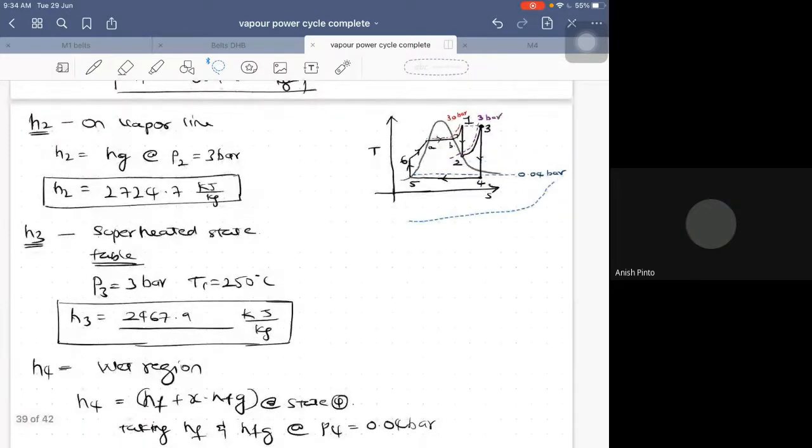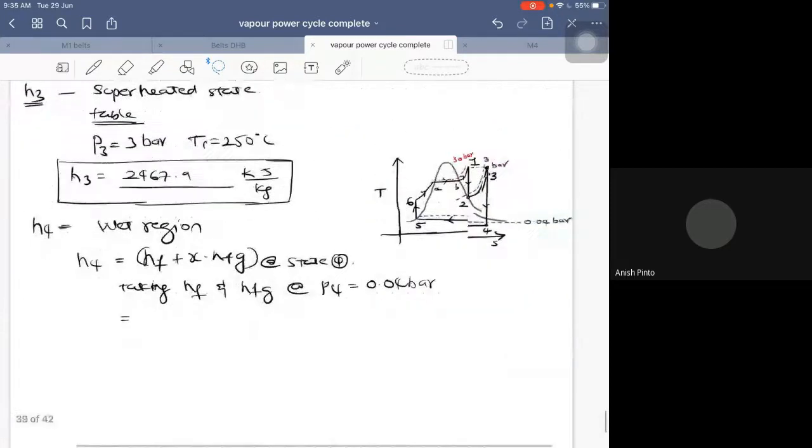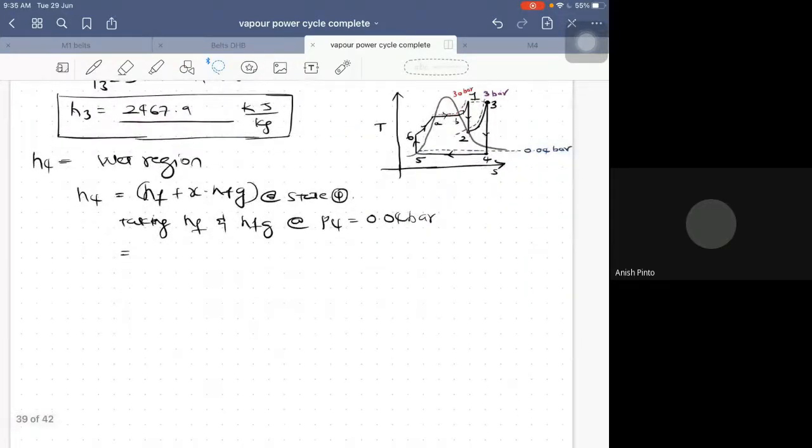2433.1. What is that, HF? And HF is 121.4. Okay, fine. So HF and HFG. HFG is 2433.1, and HF is 121.4.